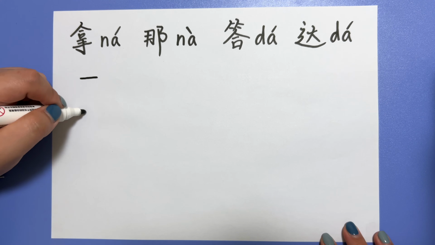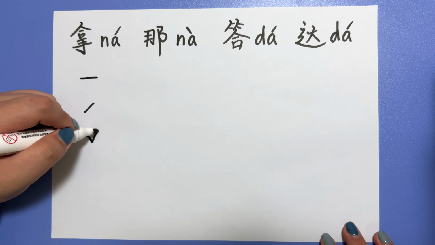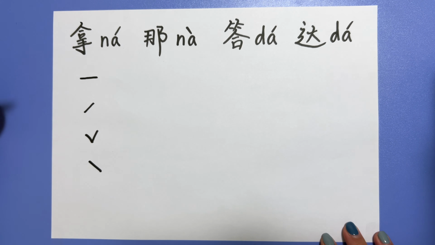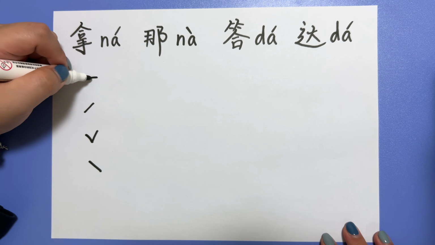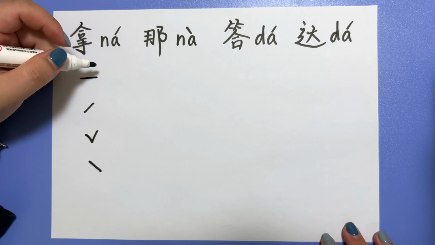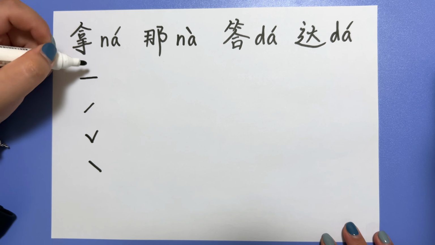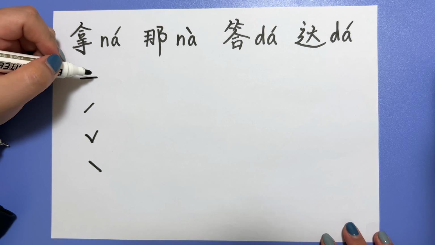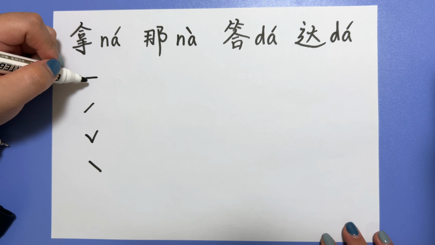In Chinese, we have 4 tones and a neutral tone. For the first tone, the pitch is high, but you don't have to use a very high voice to pronounce it.